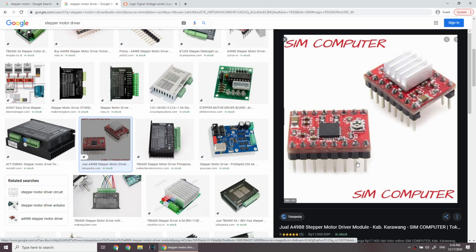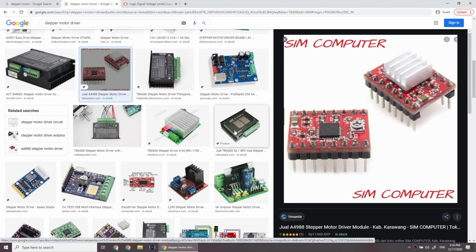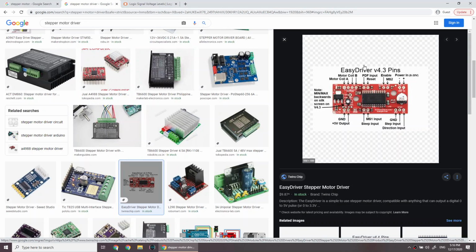So when you give this electronic board some inputs and you connect this board to the stepper motor, you can control the number of steps the axis of this motor rotates. Usually you have two inputs, a step input and a direction input.